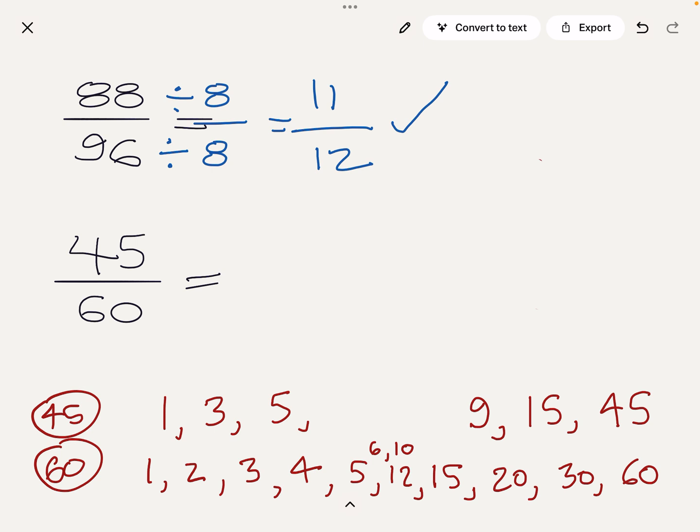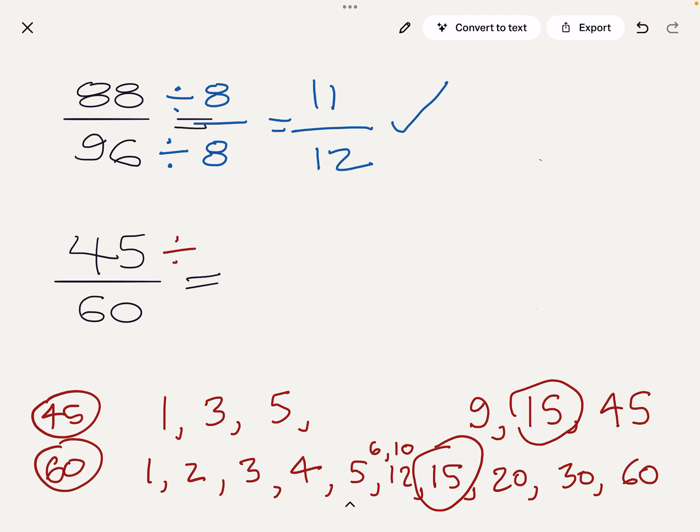So what is the biggest number that's in both lists? Well, that's 15. So why do we choose the greatest common factor? These two numbers actually have other factors in common, specifically 5. We could use 5, but if we use the greatest common factor, we will not have to simplify it later.